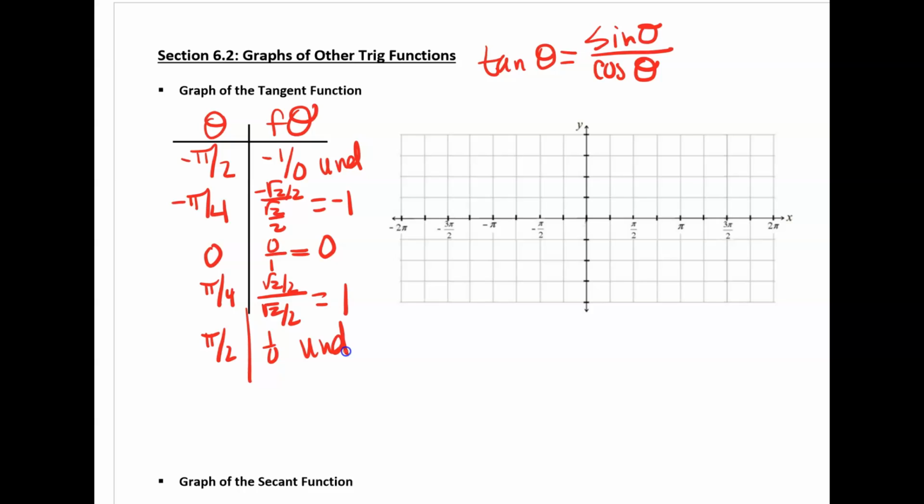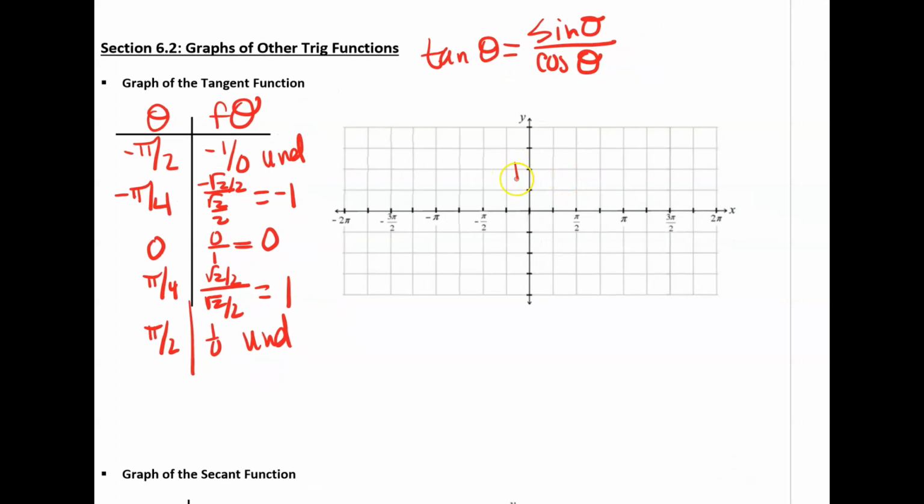And so we are going to space it out by pi halves again, or pi over 4, each tick mark. And this is going to be your 1, and this is going to be your -1. And so at 0, we're at 0. And then when we move over to our pi over 4, that was at +1.